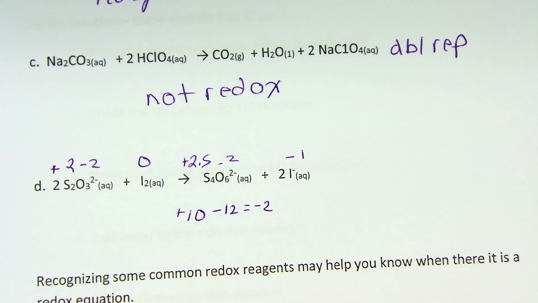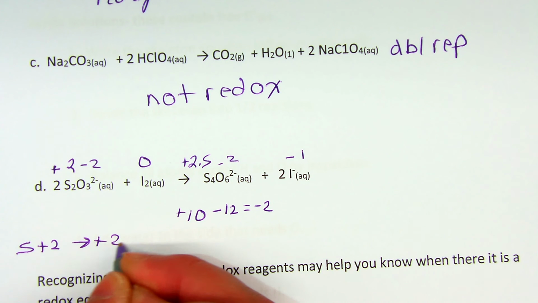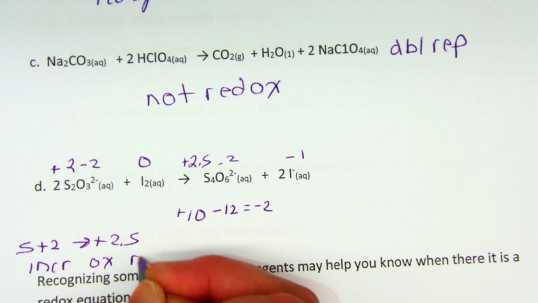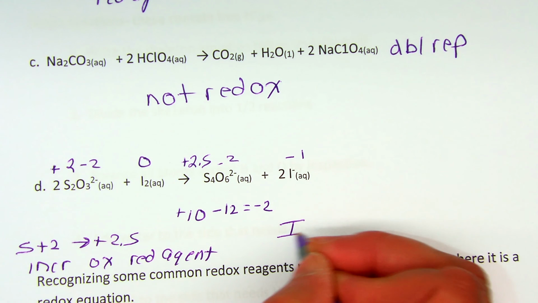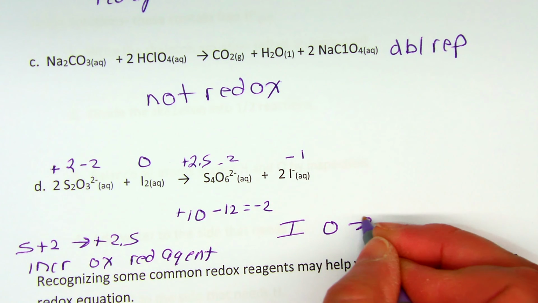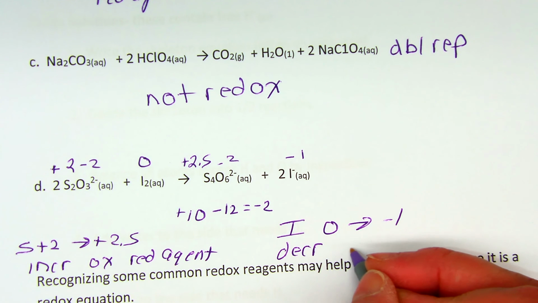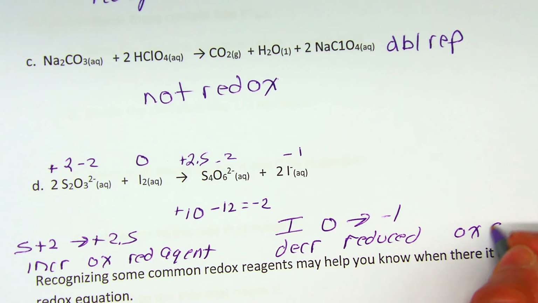So when we look, sulfur went from +2 to +2.5. So that's an increase. It is oxidized. It's the reducing agent. And iodine went from 0 to -1. That's a decrease in oxidation number. It was reduced. It is the oxidizing agent.